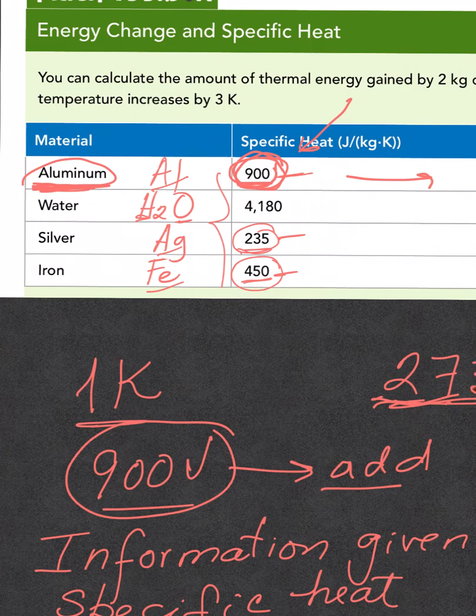I know that all of them are good conductors of heat. But which one is going to heat up faster? What do you think? But of course, it's going to be the silver. Because it's the one that is using less energy. Less energy to change the temperature by 1 degree.